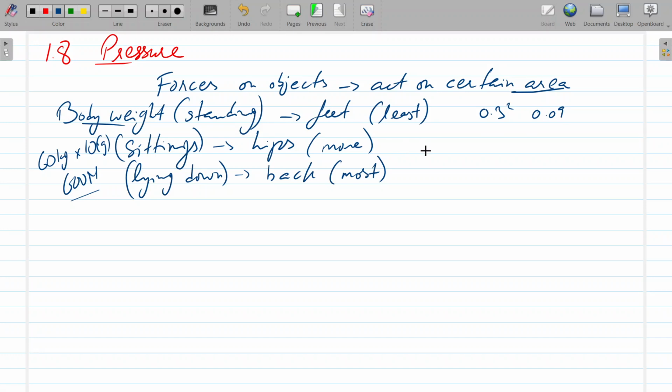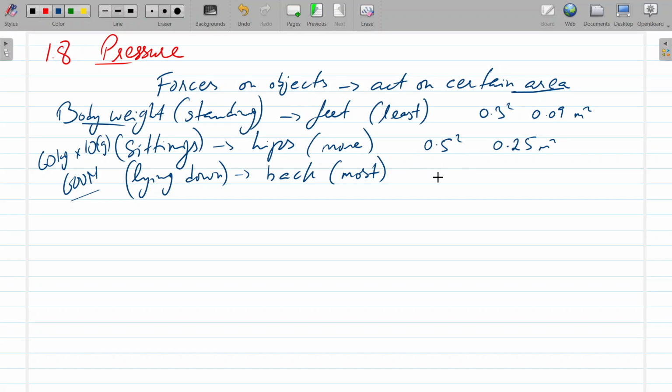Your hips are covering more area, so 0.5 perhaps, and so that would be 0.25 meters squared. Yeah, 0.25. Okay.